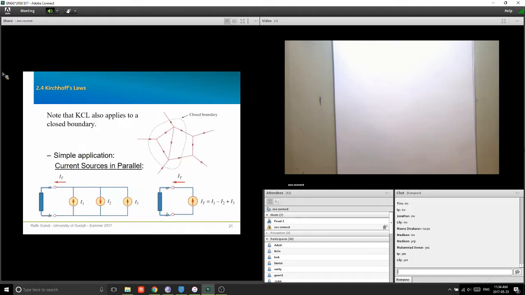KCL also applies to a closed boundary, not just at a node. So for example, if you look at this drawing right now, you have all those different branches, the red ones, and if you take any individual node here, you can write a KCL at each one of those nodes. But you can also apply that across a closed boundary.